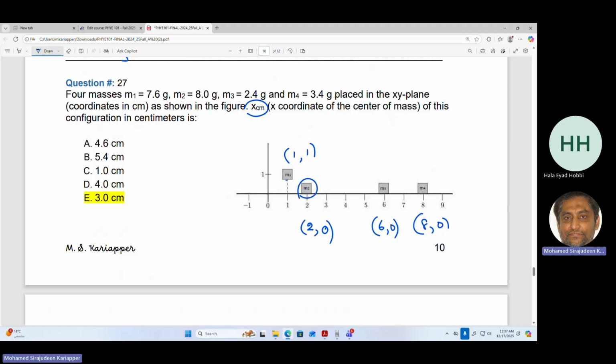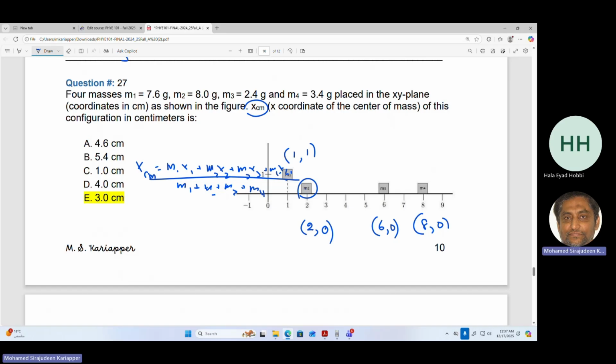So x1 is 1, x2 is 2, x3 is 6, x4 is 8. And M1, M2, M3, M4 are all given. So the x center of mass will be M1 x1 plus M2 x2 plus M3 x3 plus M4 x4, divided by M1 plus M2 plus M3 plus M4.